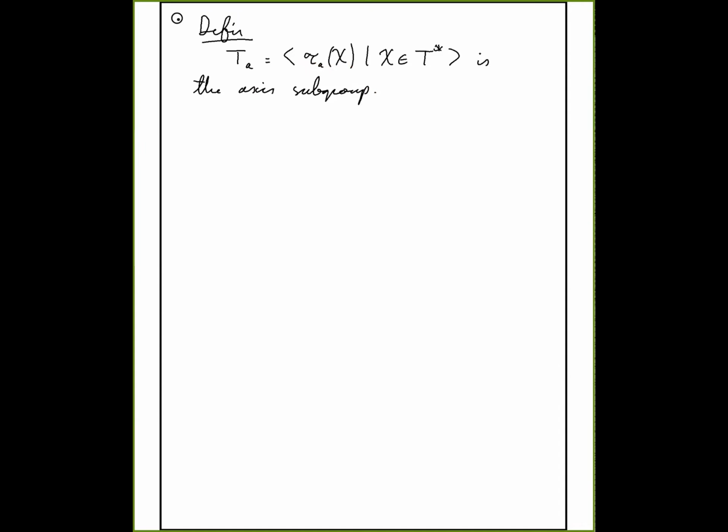So usually this is going to be a copy of T star. So T_A is normally a copy of T star, but it doesn't have to be. So in particular, if some of the subspaces which have a non-trivial grading are trivial, you could have some factor group here.